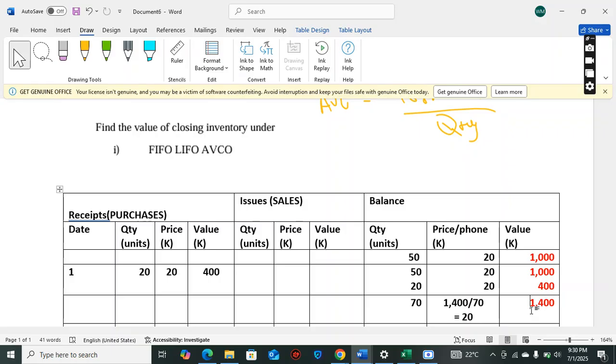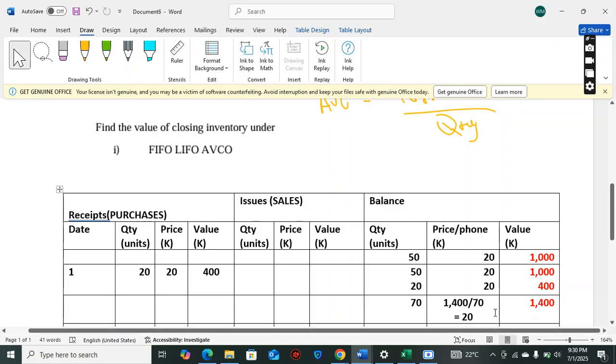Yes, he gave us 70. Yes, that's how. You start with adding the quantity, 50 plus 20 equals 70.